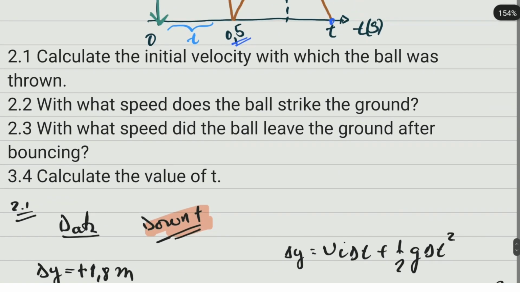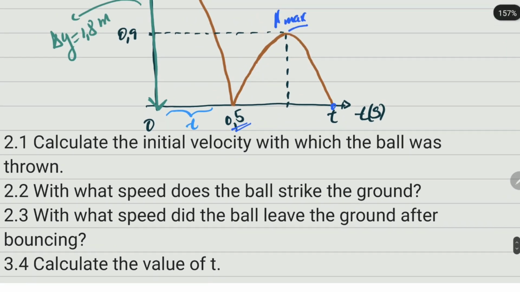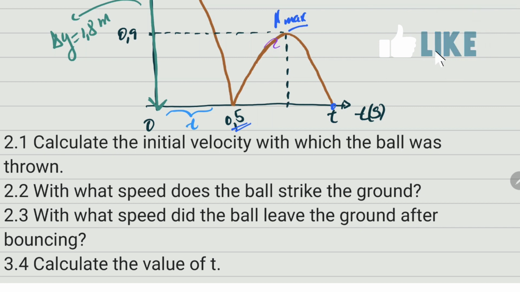Now question 2.3, with what speed did the ball leave the ground after bouncing? Now after bouncing, we have this part here. What do we have? After bouncing, this is going to be the displacement of the object up to the maximum height.